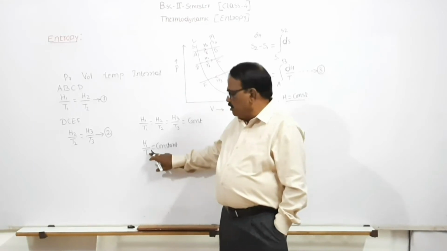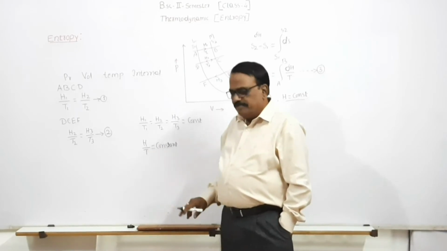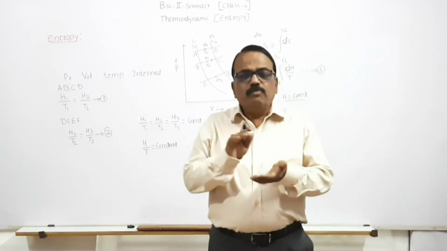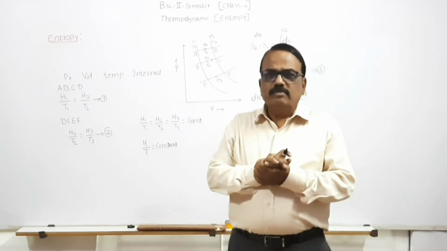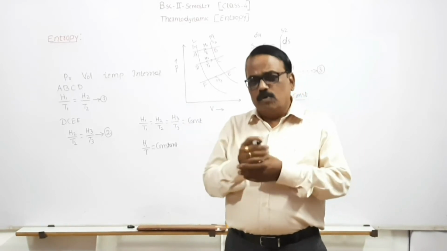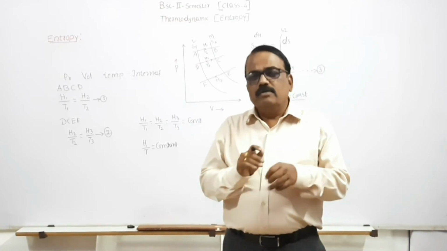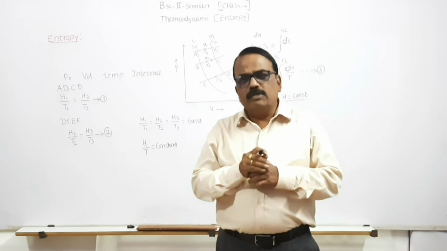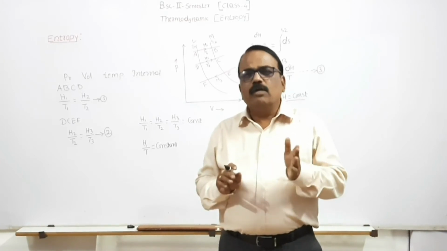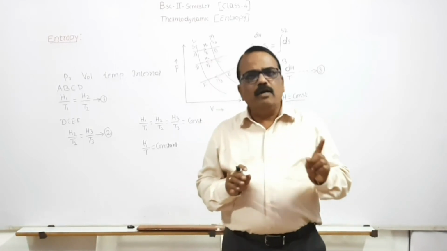If temperature is less, the amount of heat absorbed is also less. So H upon T is a mathematical constant, a thermodynamic coordinate or variable which remains constant during the adiabatic process.